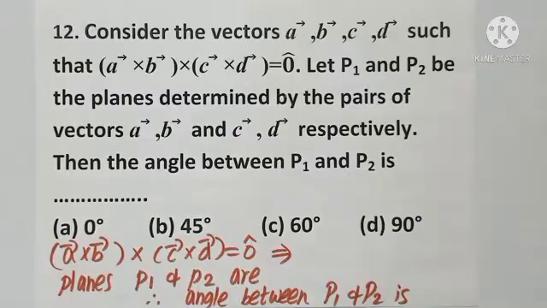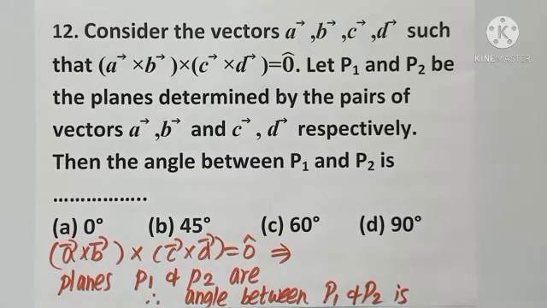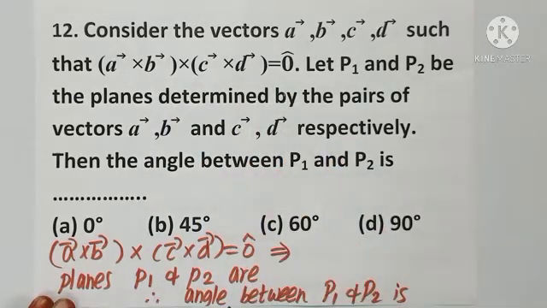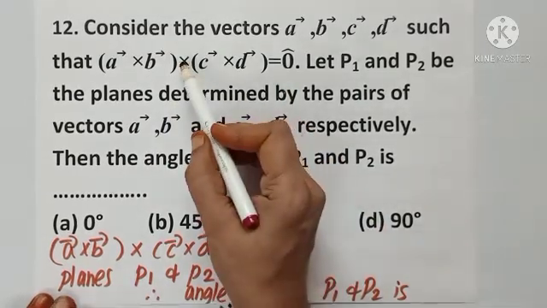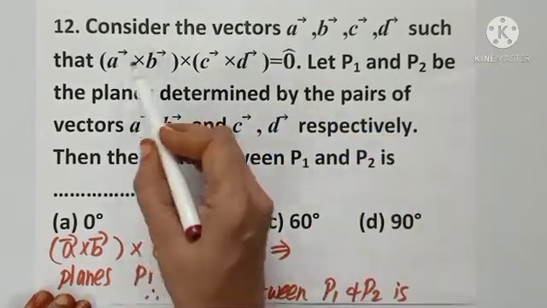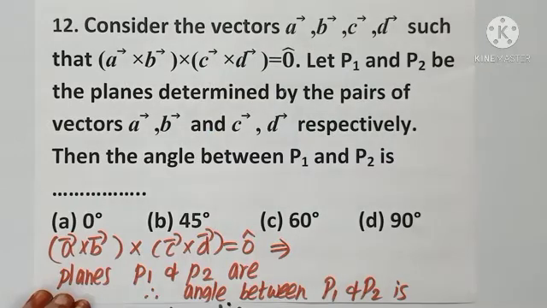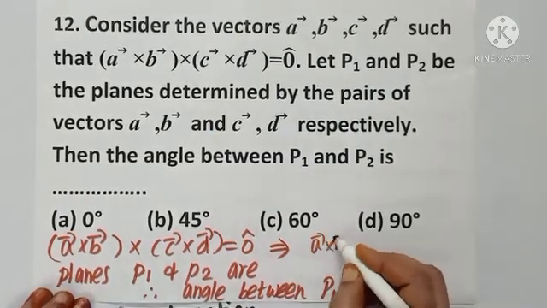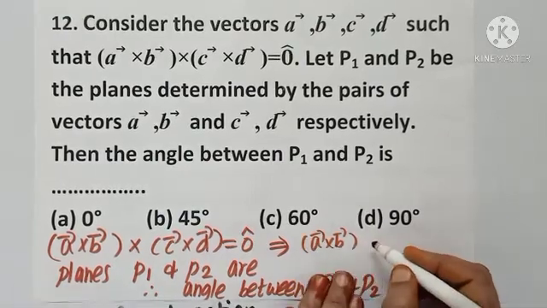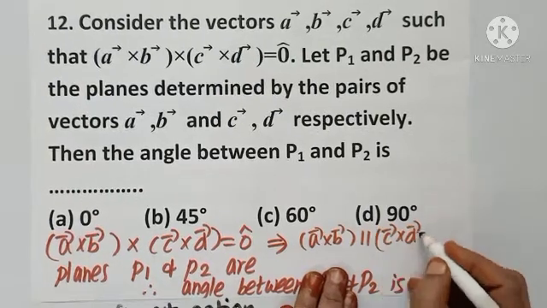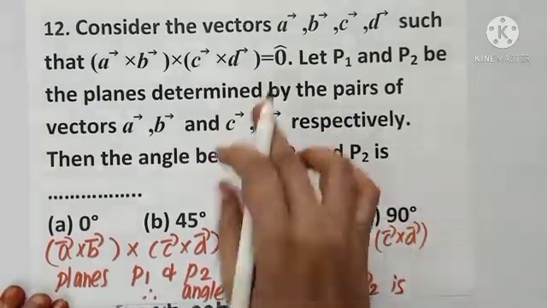Question number 12. Consider the vectors A, B, C, D such that (A cross B) cross (C cross D) is 0. Whenever I say cross product 0, I will immediately declare the two vectors are parallel. So A cross B is parallel to C cross D. This is my understanding whenever cross product is 0.